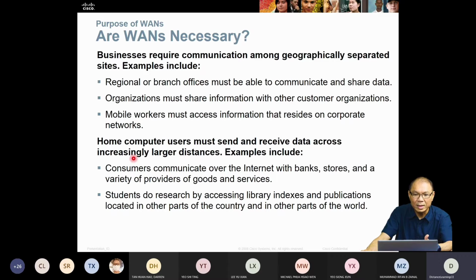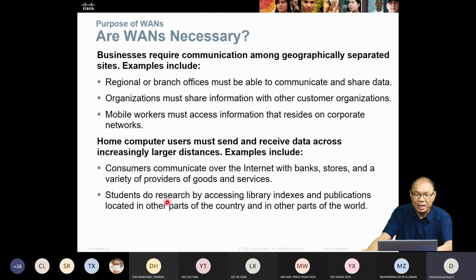All right. So home computer users, okay, today you want to be able to buy things over Shopee, Lazada, Taobao, AliExpress, Amazon, and so on and so forth. Okay, so consumers communicate over the internet with banks, with shops, with a variety of service providers as well, goods and services.